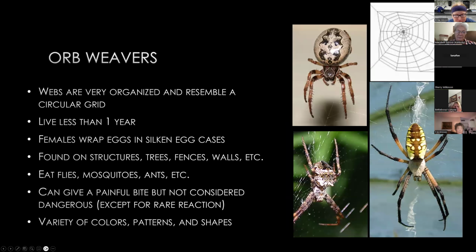Orb weavers. Of course, these are a fan favorite, right? When people see the beautifully designed webs and the brilliant colors, they think of orb weavers. And so that's a type of spider we see a little more appreciation for. Orb weavers are a very diverse group, okay?